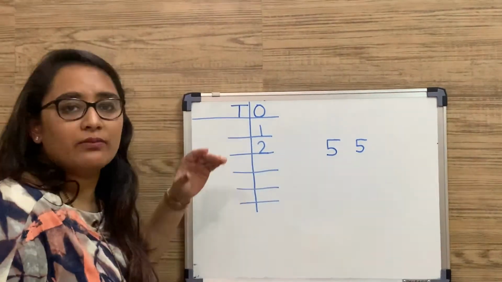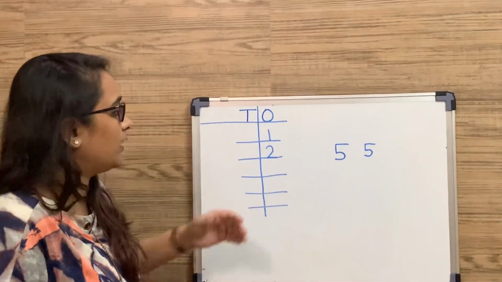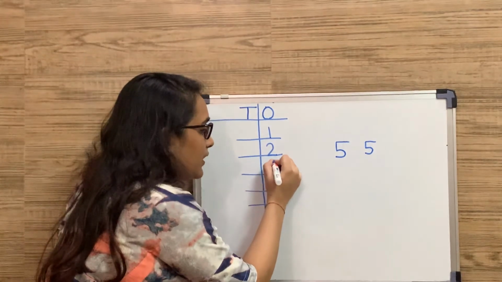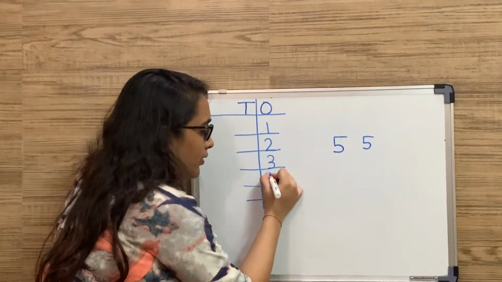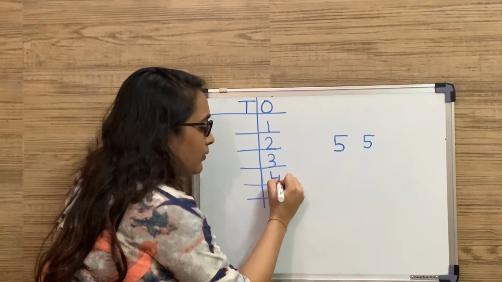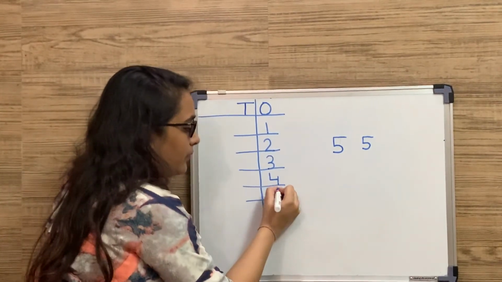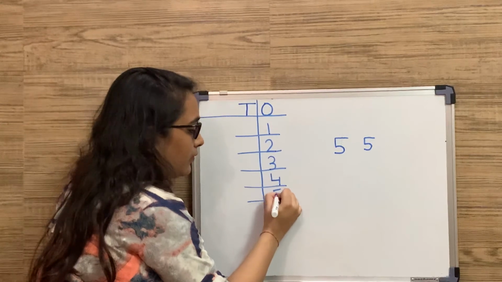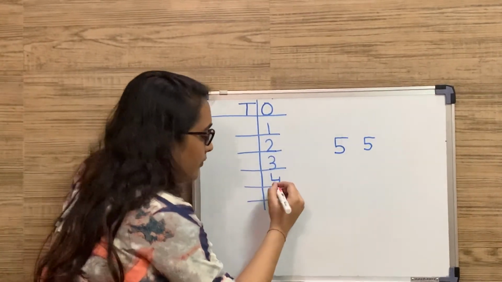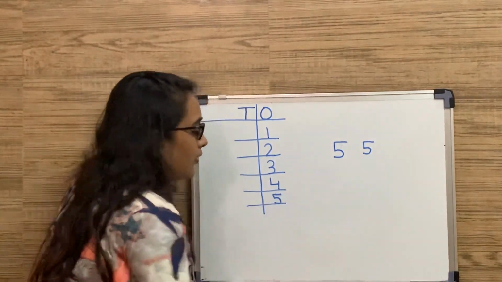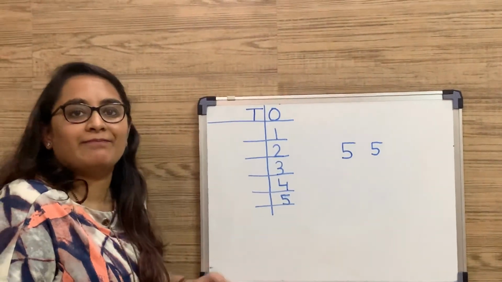You can ask them to leave the box and write, that will be easy for them. 3, 4, 5. Thank you.